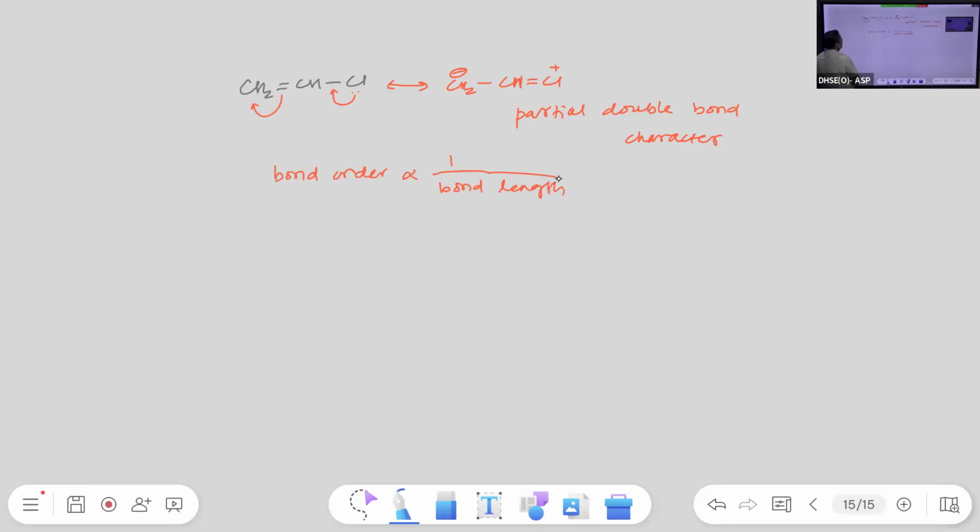We know bond order is inversely proportional to bond length. So partial double bond character means the bond order increases. If the bond order increases, then the bond length must decrease. This is the first case, that bond order and bond length are inversely proportional to each other.